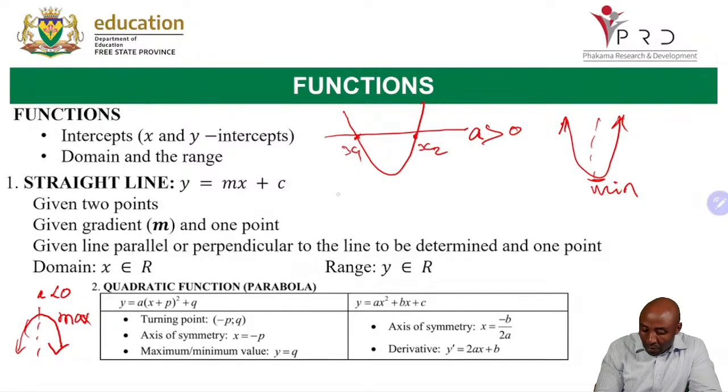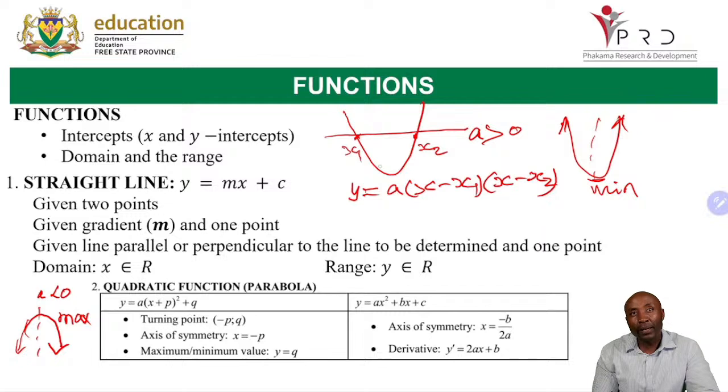We should be able to get the form of the equation as y is equal to a(x minus x1)(x minus x2), where x1 and x2 are the x-intercepts that we are given, and normally we are given any other point to help us deduce the value of a. And in most cases, when you use this one, you will be given a sketch and you're supposed maybe to come up with the equation of that function. So we are reminding each other.